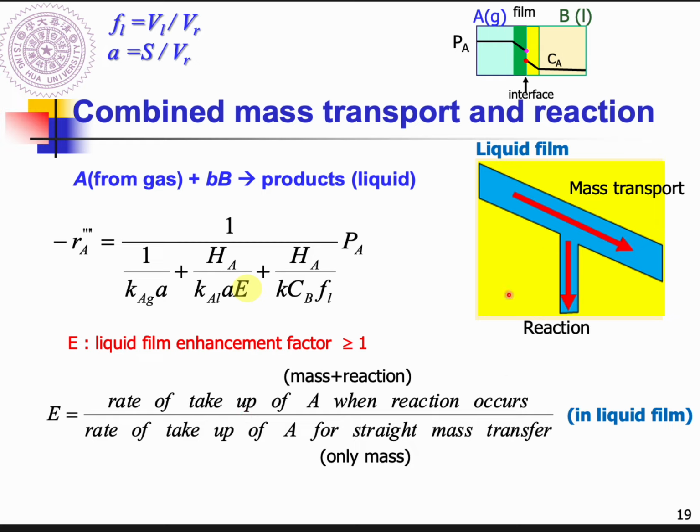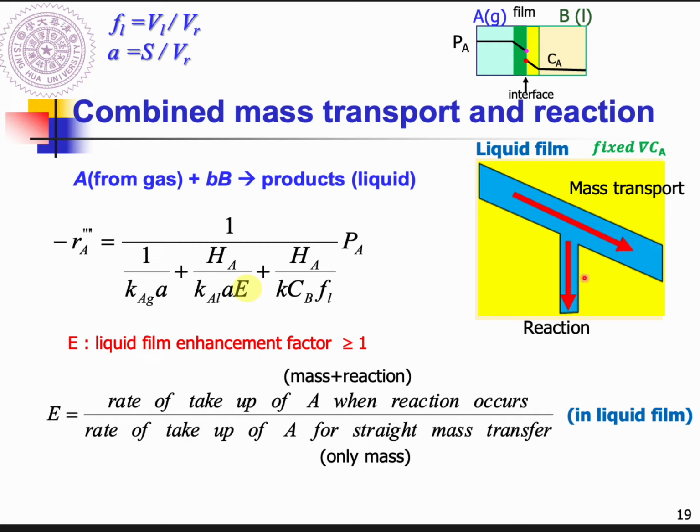So the detail is like this. I just enlarge the liquid film here, and this is the mass transport. As you know, we assume the concentration of reactant A at the two ends of this layer remains constant, so we fix the concentration gradient. As long as you fix the concentration gradient, the flux will remain constant for mass transport, right?